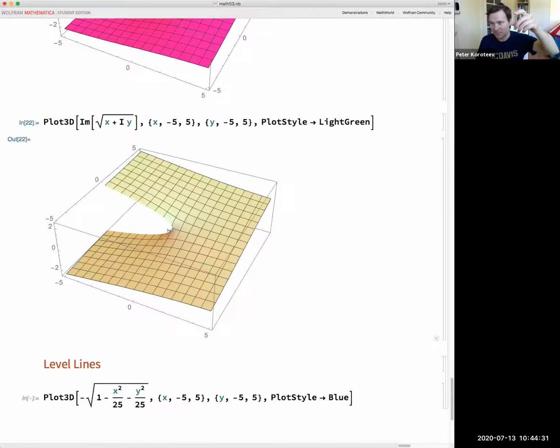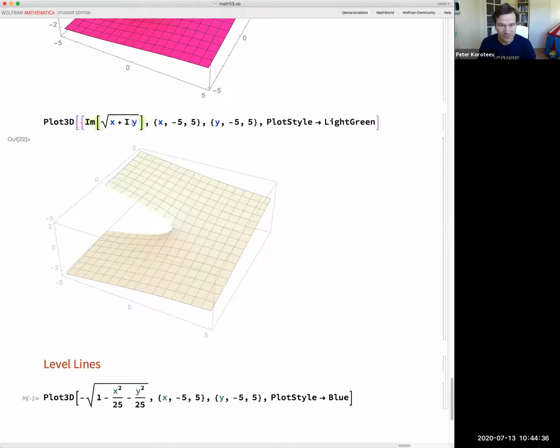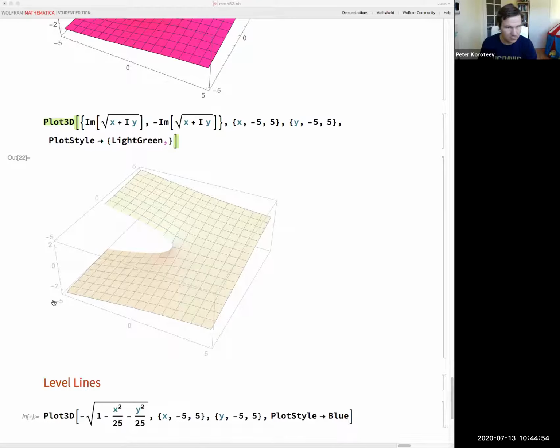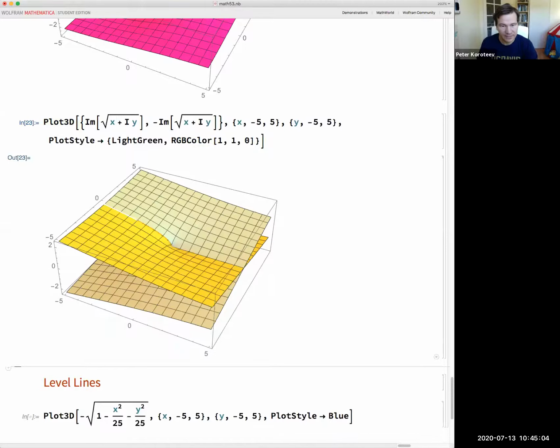There's a plus square root and minus square root, and now if you plot them together, another one we'll plot with the minus sign, and we change the color, like that, right?